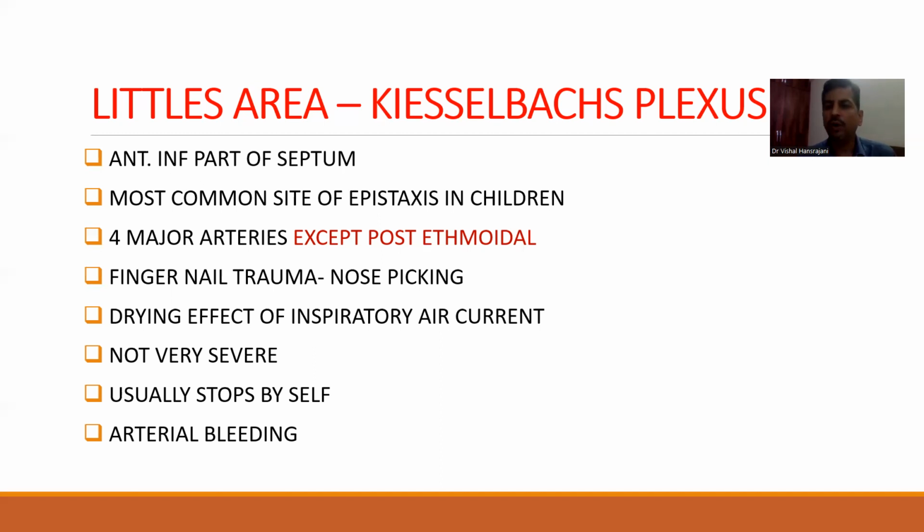But one thing is good: this anterior epistaxis from Kiesselbach's plexus is not that severe, and it usually stops by itself. It is an arterial bleed, but it is from the very small arteries of the septal branches, so it is not very severe bleeding.